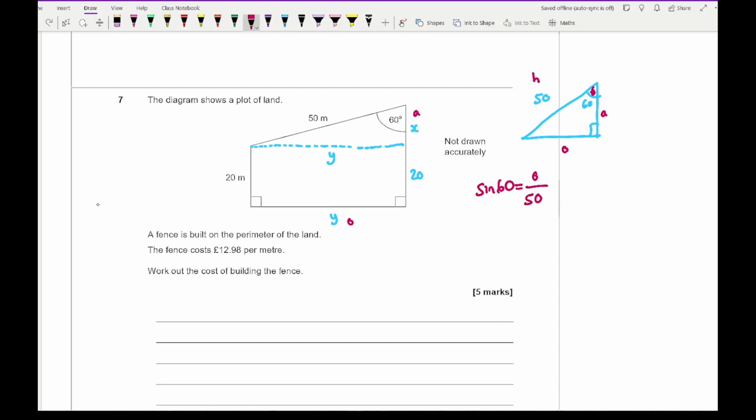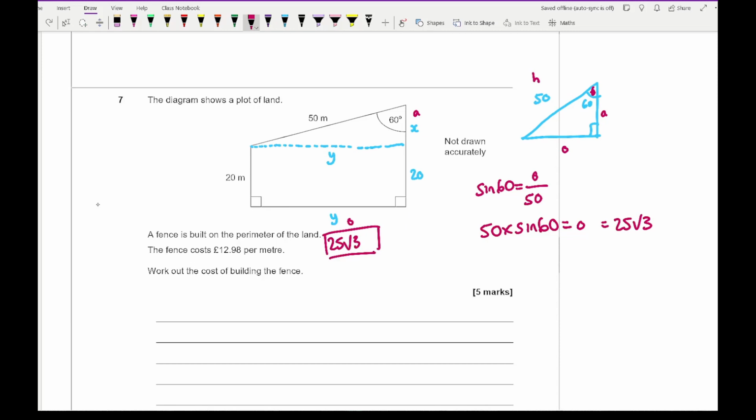So I've got sine 60 equals O over 50. So then here what I've got is 50 times sine 60 equals O, and sine 60 times 50 is 25 root 3. So this length here is 25 root 3. I'm going to leave it in surd form just for now.